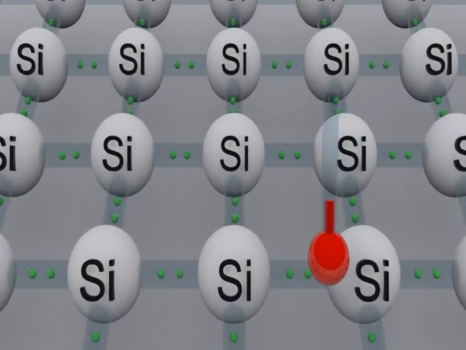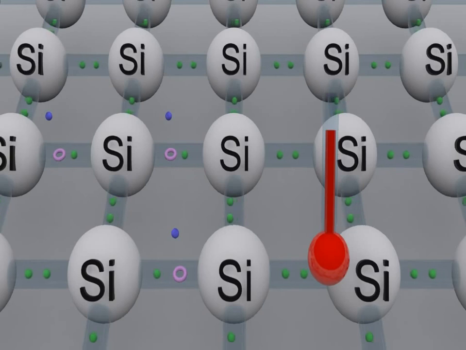Going back to our silicon lattice, as I increase the temperature, the electrons in the covalent bonds vibrate more and more until, at a certain temperature, electrons will go into the conduction band, leaving holes behind. Once they're in the conduction band, they are freer to move around and will jump from hole to hole. As you heat the silicon more and more, the amount of electrons in the conduction band will increase.